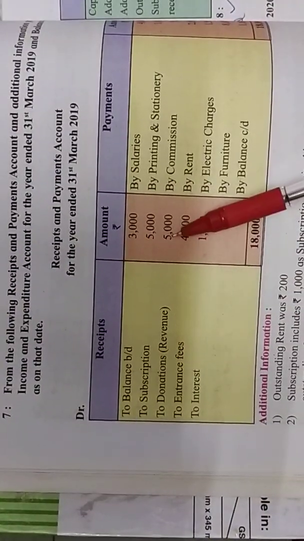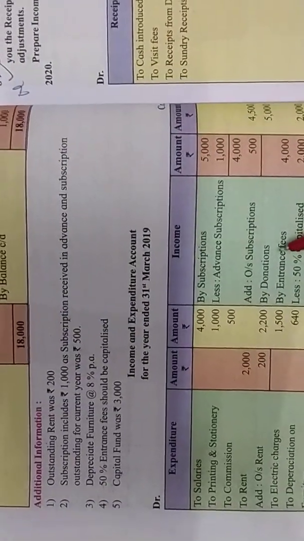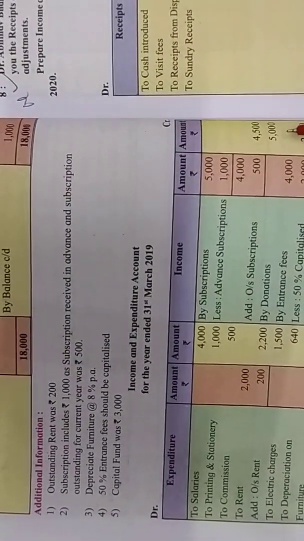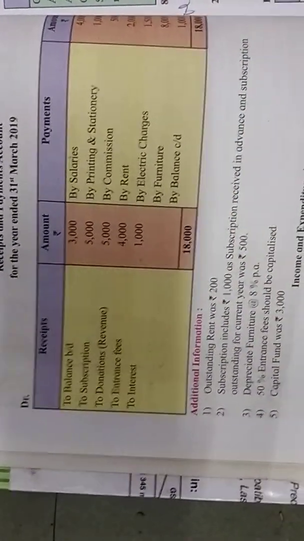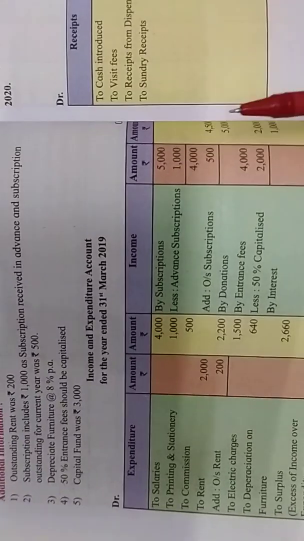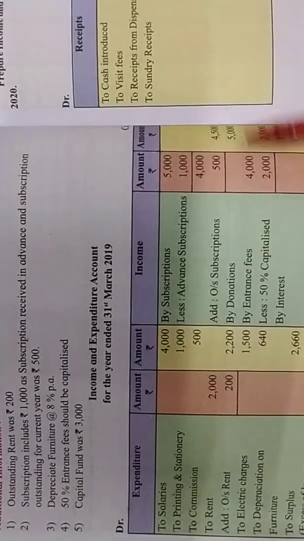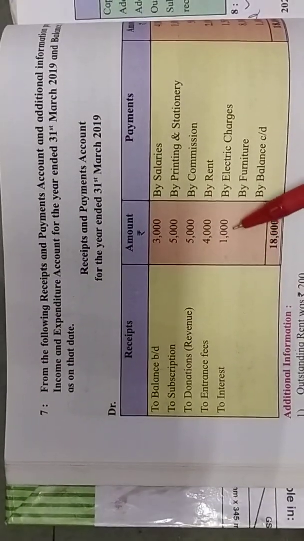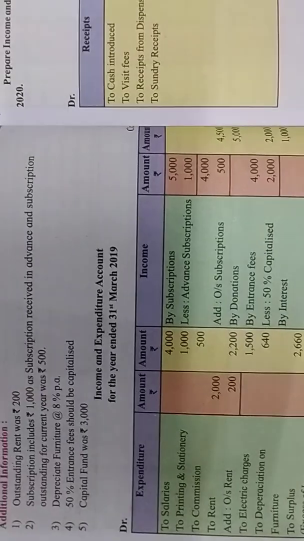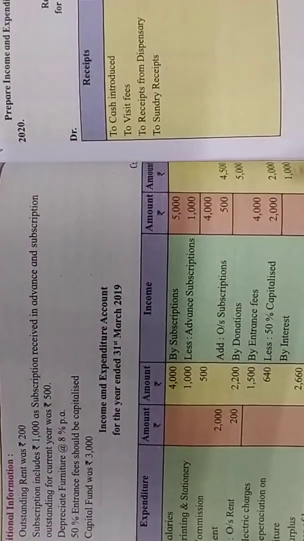To donation 5,000: revenue means income, so by donation 5,000. To entrance fees 4,000: income by entrance fees 4,000. There is adjustment number 4 on entrance fees. To interest 1,000: income by interest 1,000.